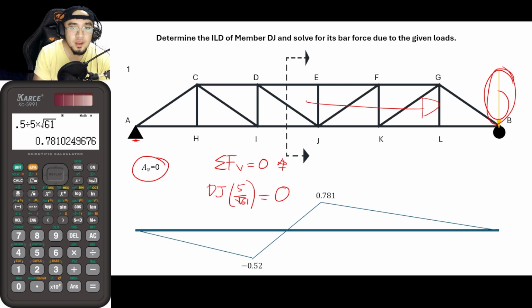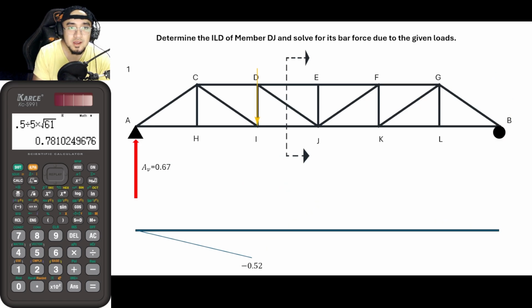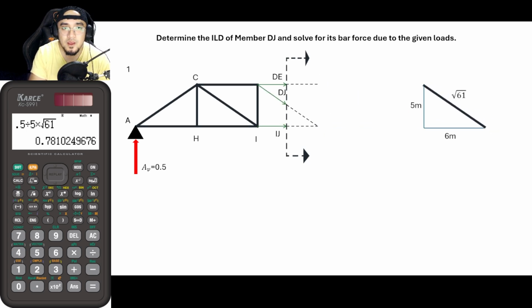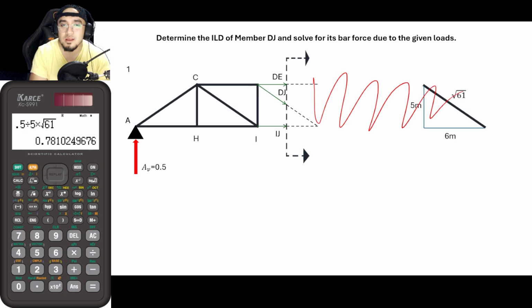So if you are wondering, when the unit load was located here, in the summation of forces vertical, it is included. But when it was moved towards this joint, upon cutting the section, you can see that the unit load is not considered in the analysis any longer. Kasi nga, nakat na siya. We would not consider this part of the truss. Okay, so proceeding.